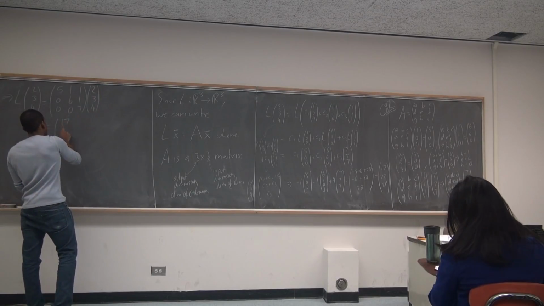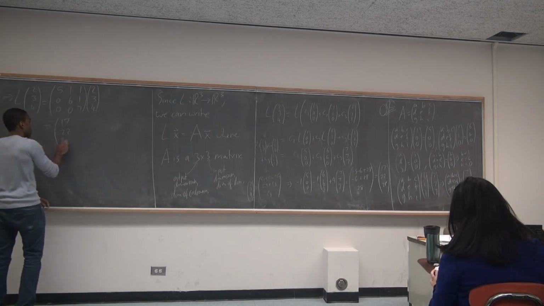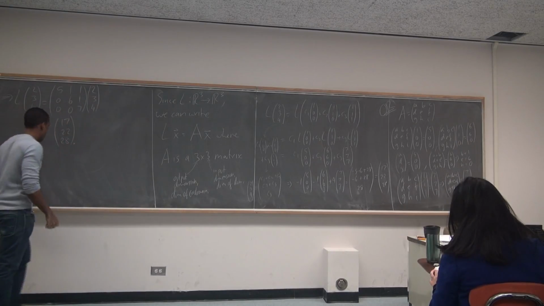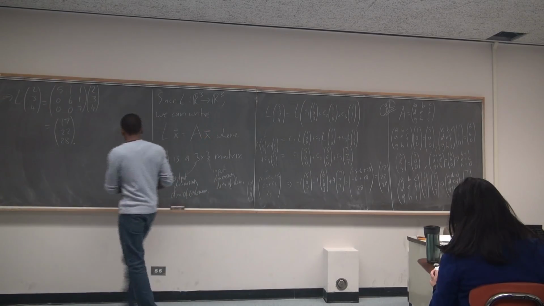And the answer is going to be the same: 7, 7, 22, 28. It's nice. Several ways to skin the cat. Okay.